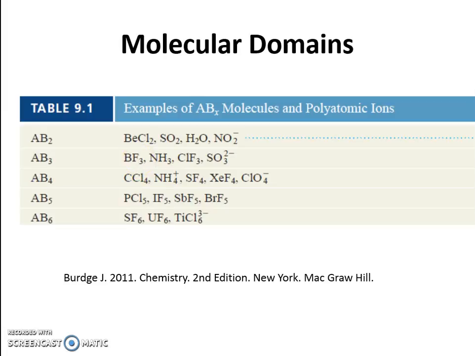Okay, AB4, AB5, AB6, each of those has the same number of molecular domains as the number of B's. So, for instance, phosphorus fluoride, that is here, will have a molecular domain of 5.